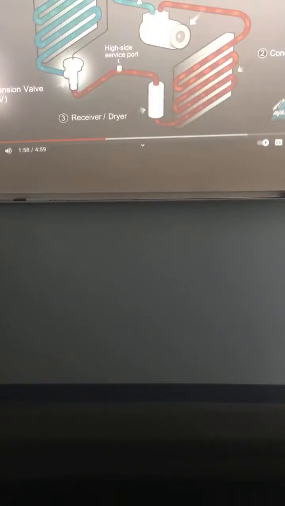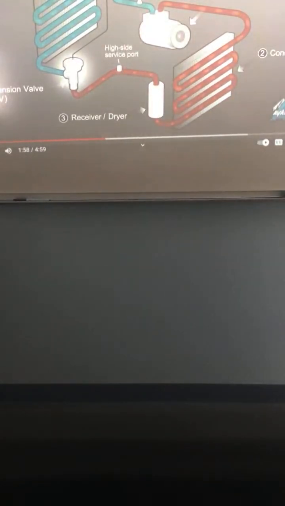A lot of times they're way far away from each other. Really? Yeah, your high and low side service ports can be located in a lot of different places, depending on the vehicle. But it's still going to be in that particular part of the system. Those are where you hook your machine up or your gauges to check pressure.